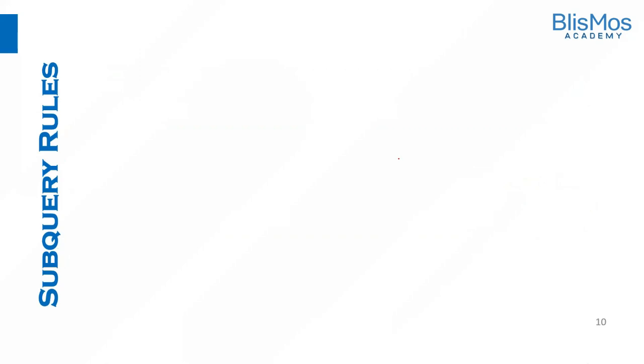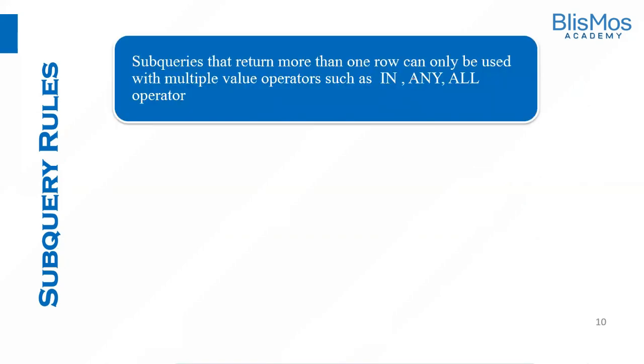Some more important subquery rules. Whenever subqueries return more than one row. See, subqueries may return one row or more than one row, right? In that case, we have to use the multiple value operators like in, any, all. Other operators wouldn't work.